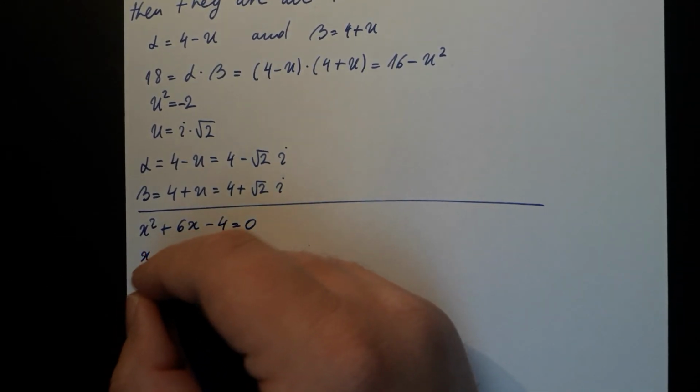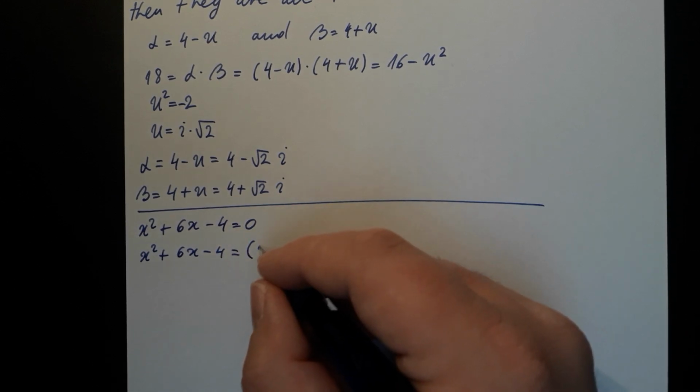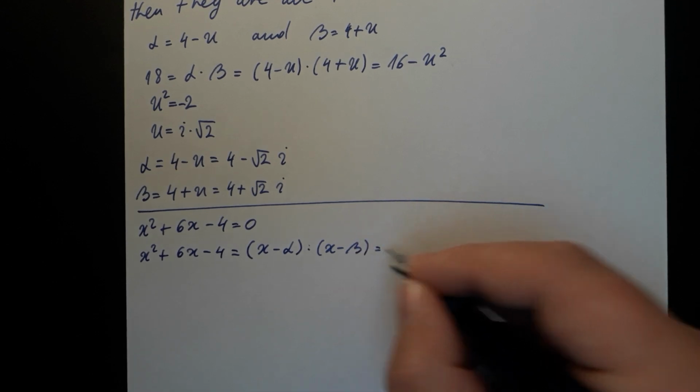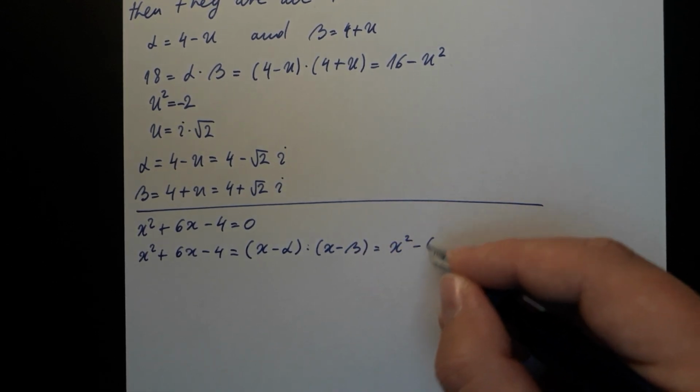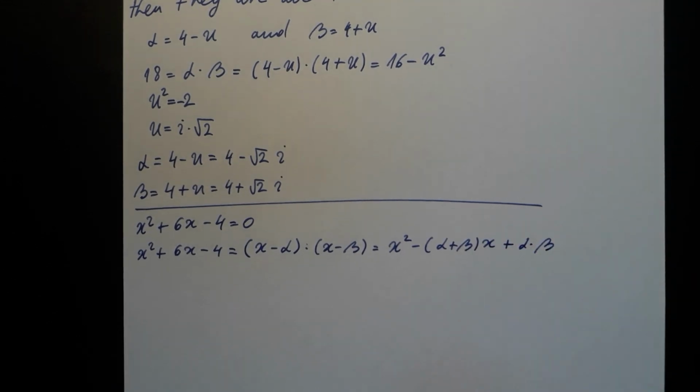We are going to write x squared plus 6x minus 4 in the form of (x minus alpha) multiplied by (x minus beta). And this is x squared minus (alpha plus beta)x plus alpha multiplied by beta.